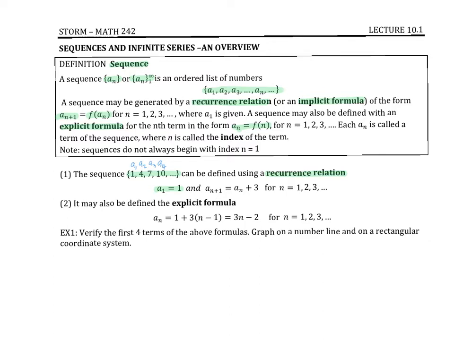So we can define subsequent terms, our a sub n plus 1, by the term that came before it, a sub n, and then we're going to add 3.